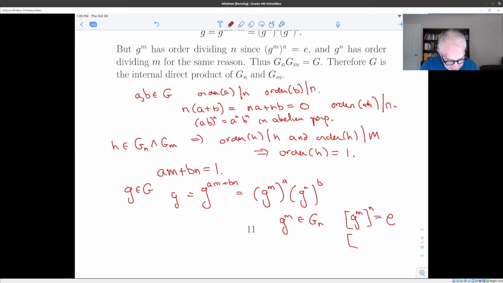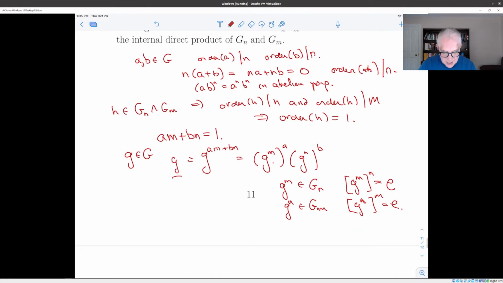And similarly, g^n is in Gm, since (g^n)^m is the identity. And so we've shown that every element g is a sum, or in this case, a product of an element from Gn and an element from Gm. And that means that G is the internal direct product, and it's isomorphic to the product of these two things.